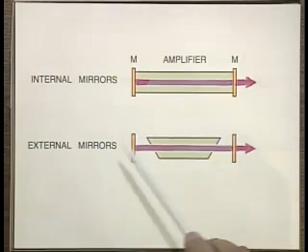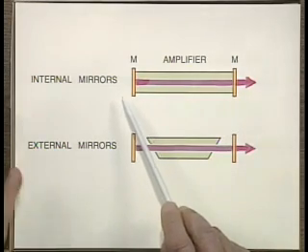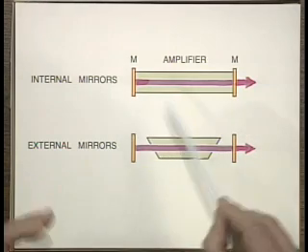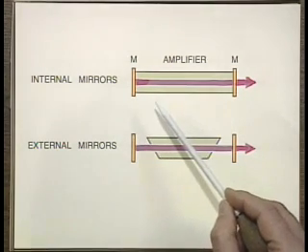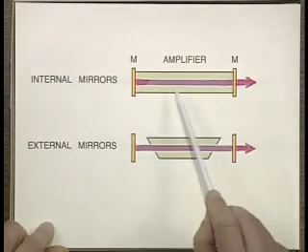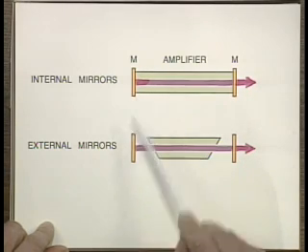The lasers that we have are simple ones called helium neon lasers, and the amplifier is a helium neon amplifier. We'll talk about how that works in a little while. Now, here there are two kinds of lasers.